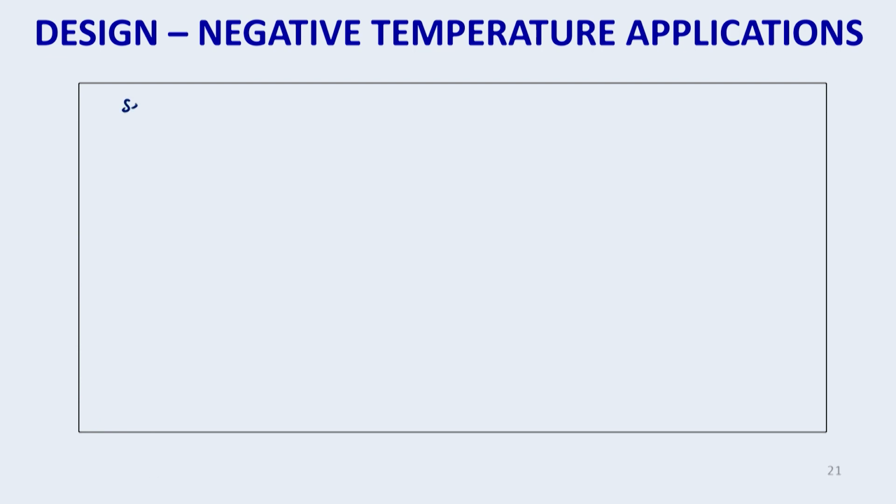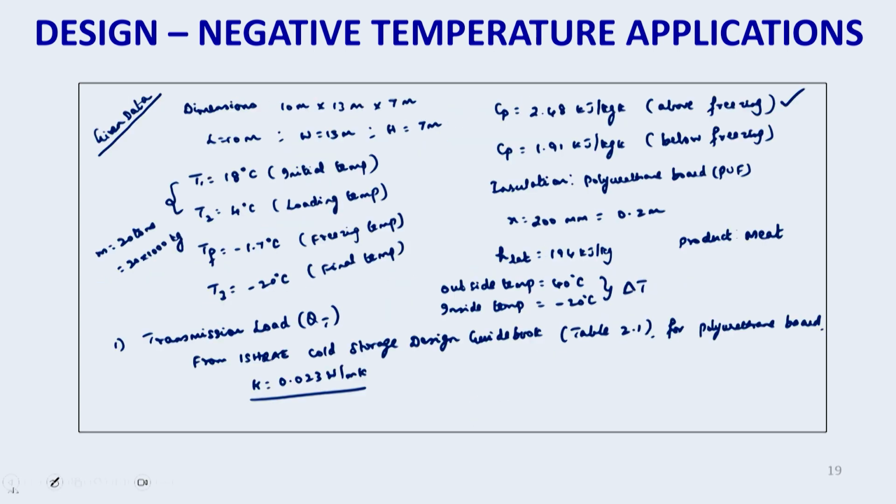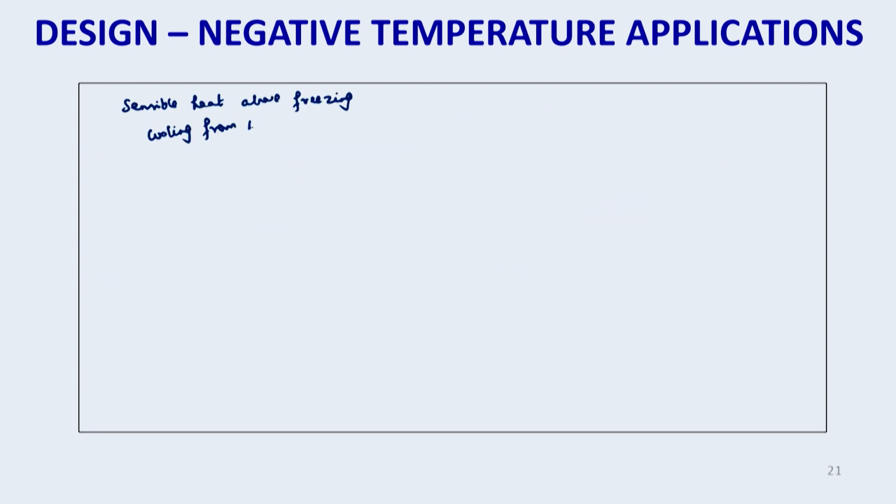Next one is sensible heat, this is also above freezing, that is cooling from 4 degrees centigrade to minus 1.7 degrees centigrade.